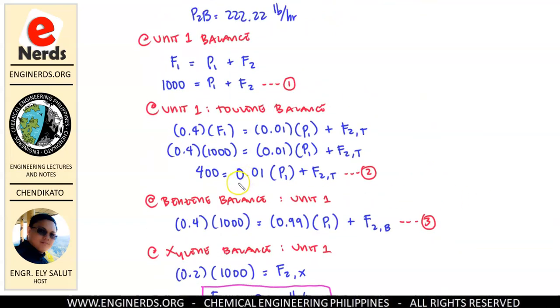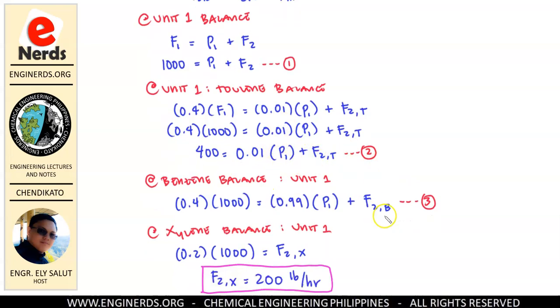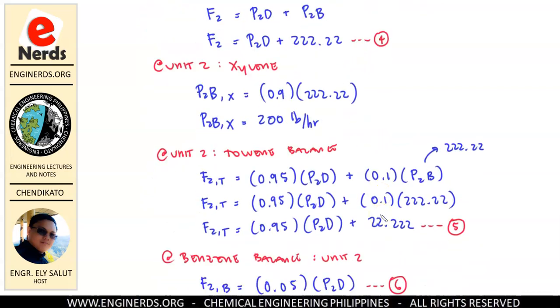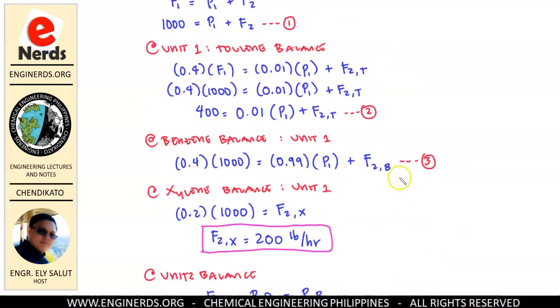For example, itong ating equation 2 here, makikita ninyo ang ating variable series P1 and F2T. And the same way, itong ating equation 5, we have F2T and P2D. So, therefore, if we are going to substitute this one, itong value ng F2T natin dito sa equation 2, we will have only P1 and P2D in our equation.